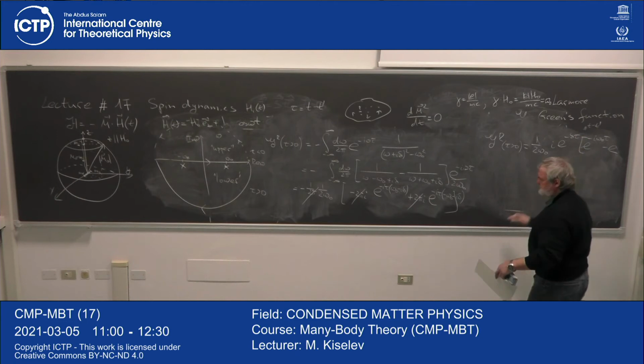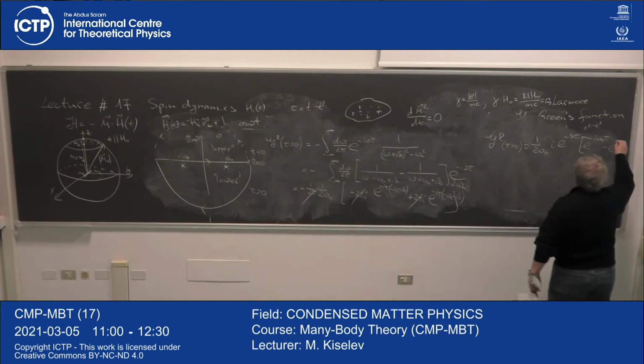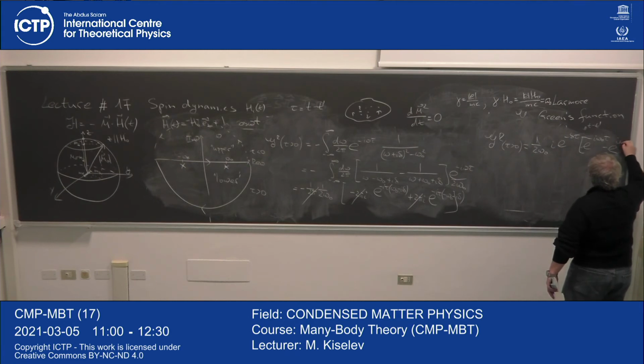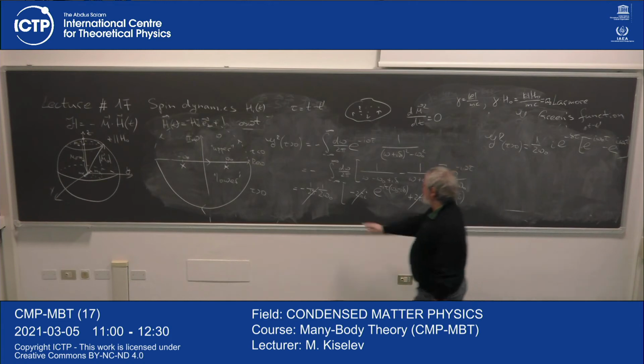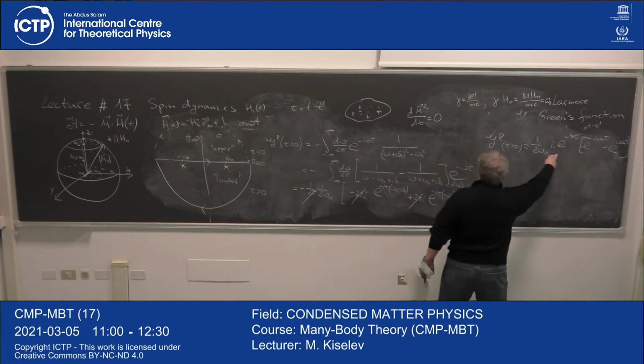It's not minus but plus, because I have a minus and minus, and I got plus, plus i omega naught tau. So now the sign is also correct. Again, minus and minus gives me plus. I have i, which is written here.